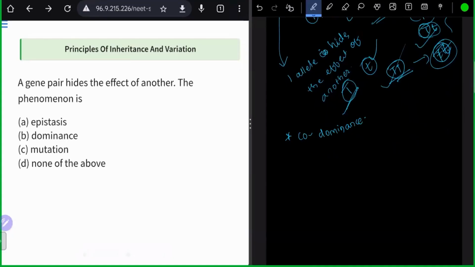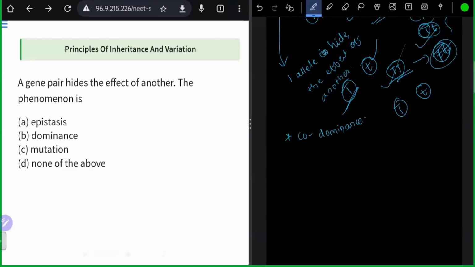Then I'll explain the exact effect of one gene pair hiding the effect of another pair. So the first concept is dominant recessive: one dominant allele masks the effect of the other recessive allele.